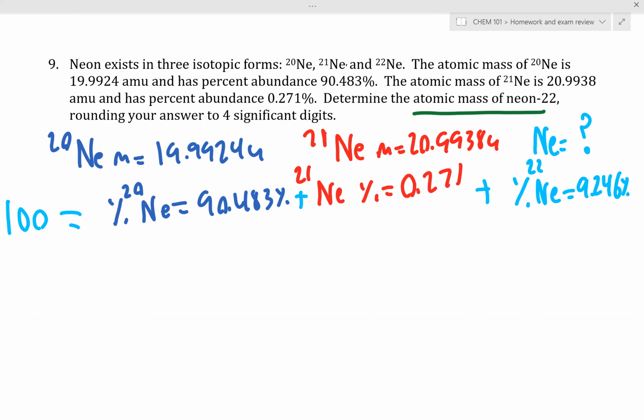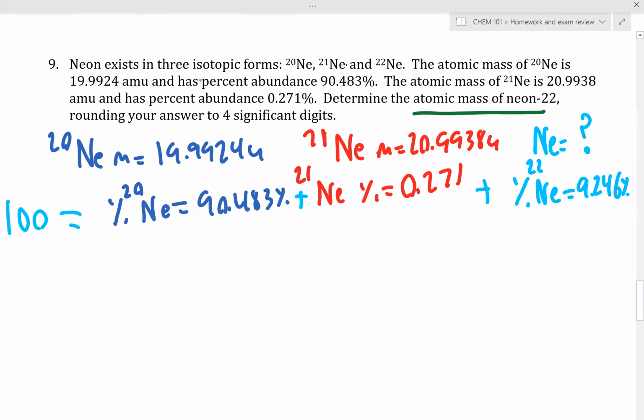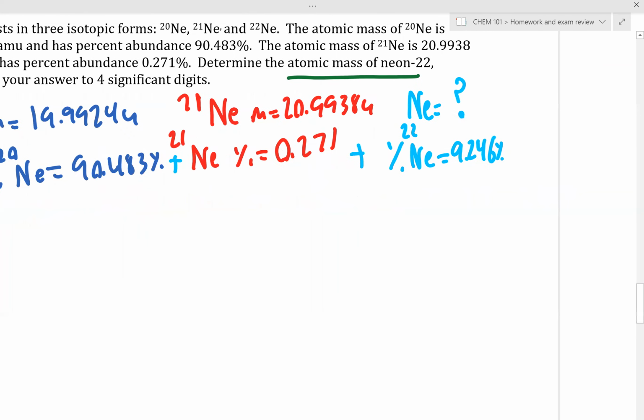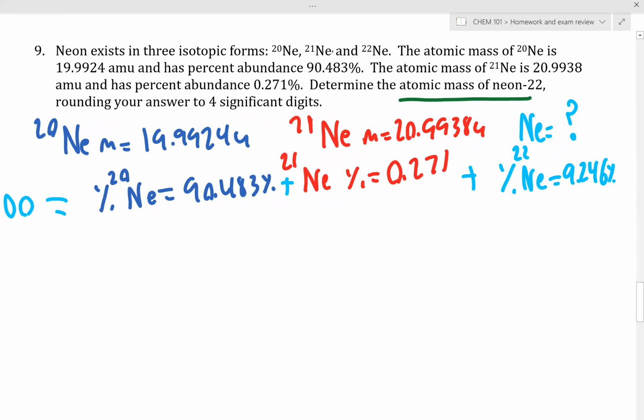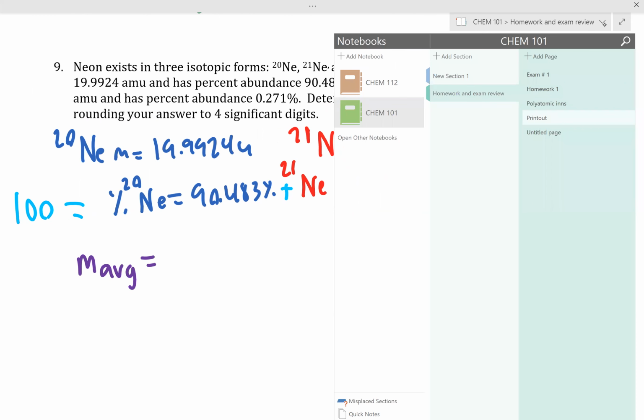The average atomic mass. So let's show where we're going to get that, because this is going to be really important when you take your exam. So the average atomic mass is found in the periodic table as the mass number.